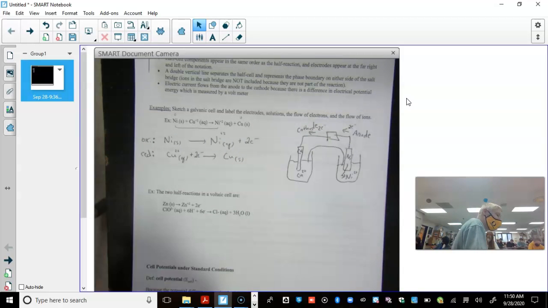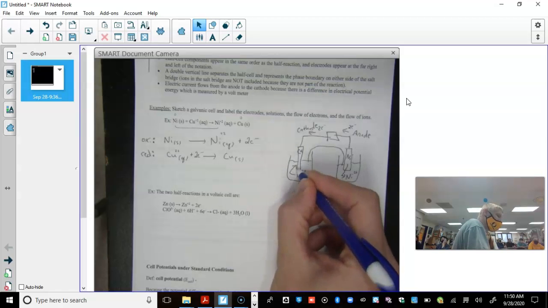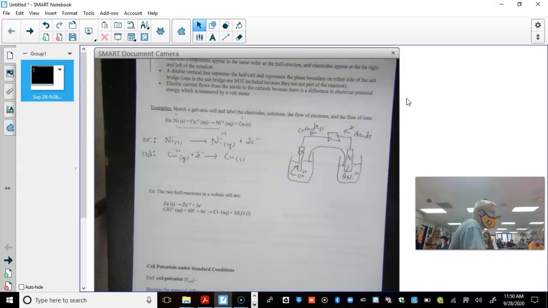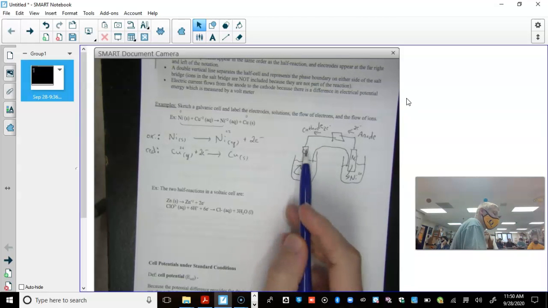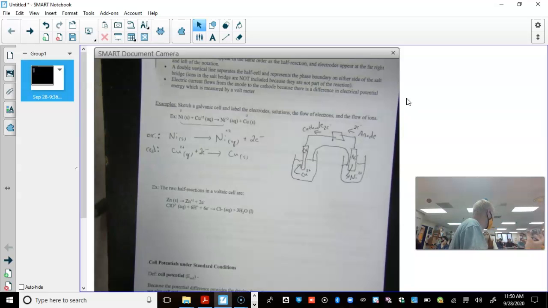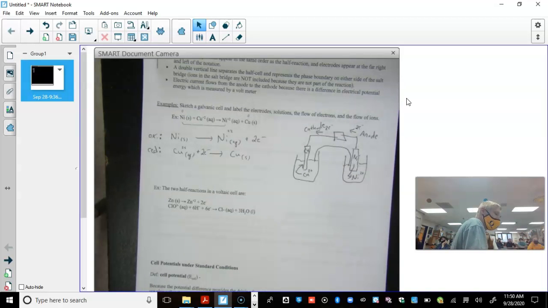And on the reduction side, where's the ion flow? You got it. Cu2+ to Cu. So what's happening is our nickel is going to get smaller and smaller. It's getting dissolved essentially. And our copper is going to get bigger and bigger. It's going to start clumping up, or covering the copper with more copper.